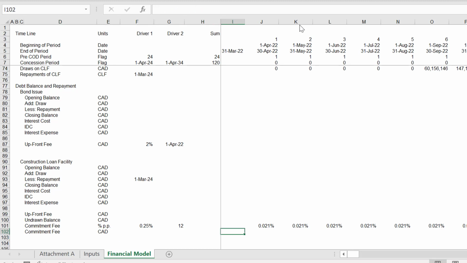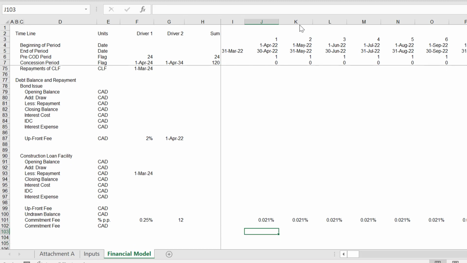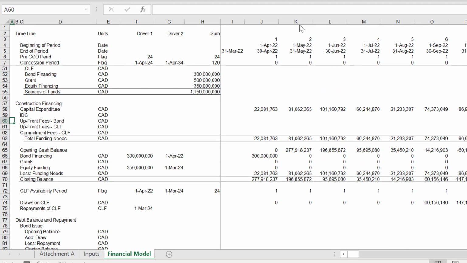Okay, and then we'll have our commitment fee. And you notice what we'll do up here is we'll fill in the IDC and the upfront fees.